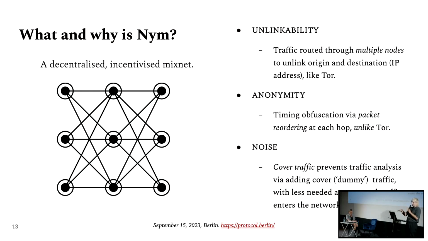And then on top of this, we have the concept of the noise-generating mixnet, right? Noise in the form of cover traffic. This is traffic that is encrypted and is the same size as a Sphinx packet, like normal traffic, that you're constantly sending into the network and that you're slotting your real packets into.